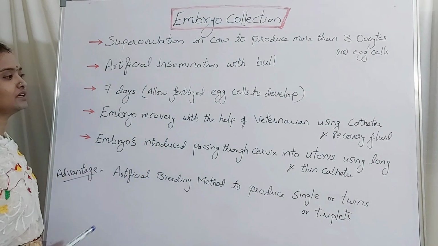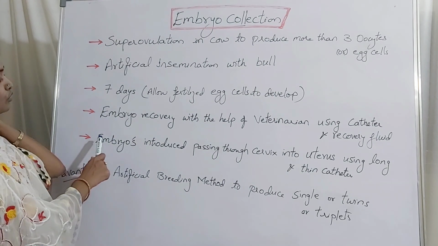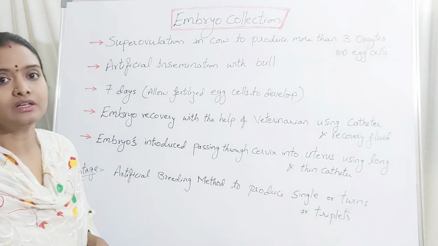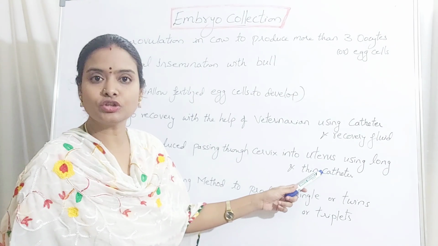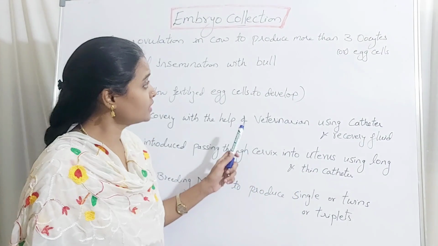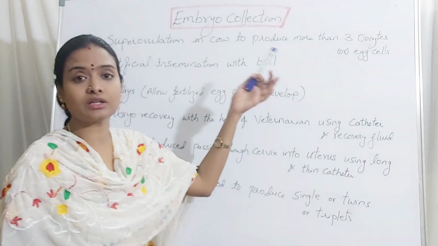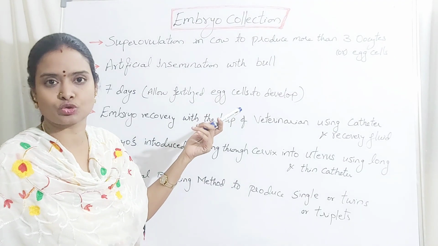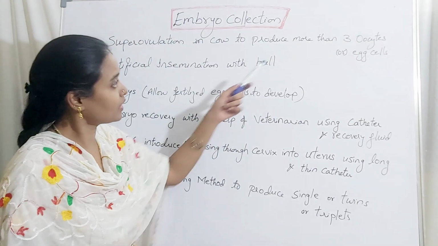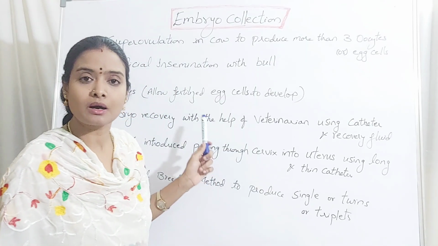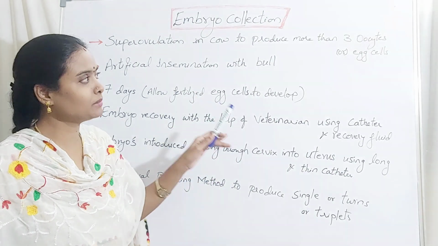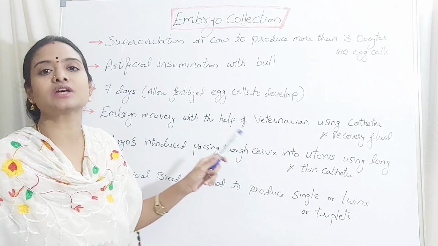Once they collect the embryos, now it is the introduction of the embryo into the cervix or into the uterus of the animal. Here one animal cannot bear all the progeny at a time in its womb. So they extract all the embryos but they introduce 1 or 2 or at the maximum 3 into each animal.